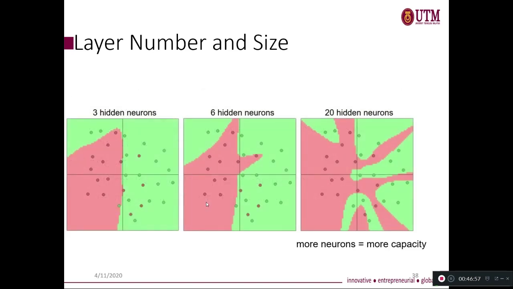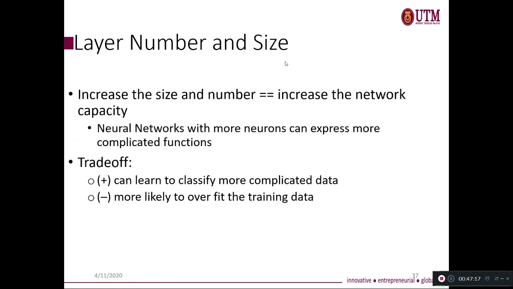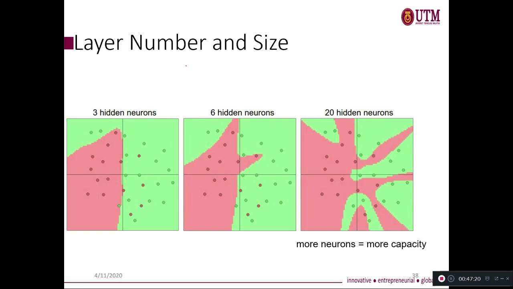This is another effect of introducing different numbers of hidden neurons. What that means is that you still have 3 layers: the input layer, the hidden layer, and the output layer, but we just vary how many neurons are inside the hidden layer.